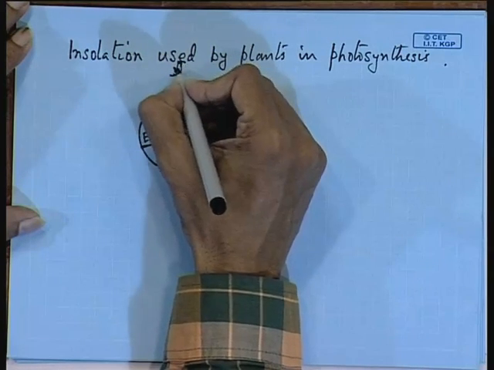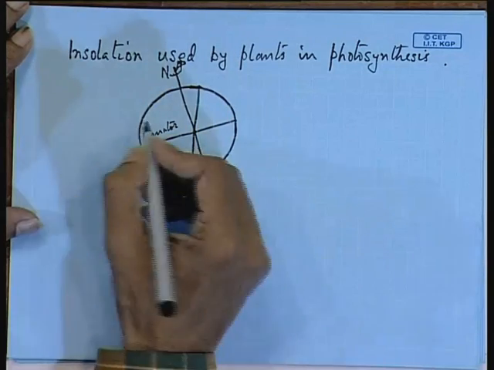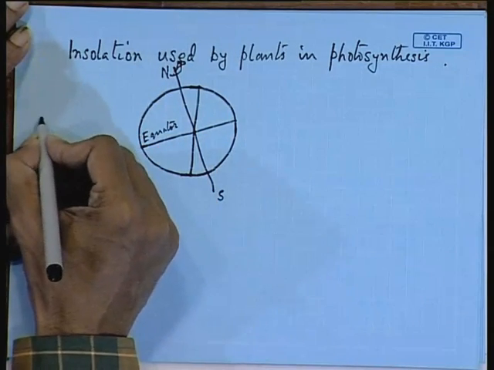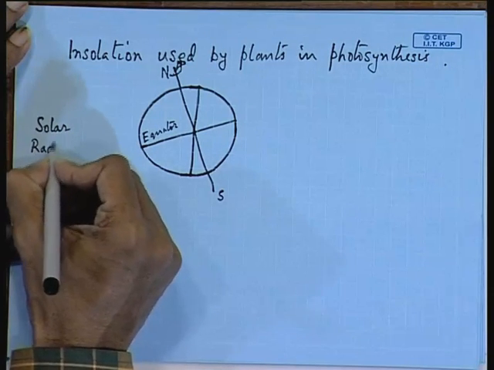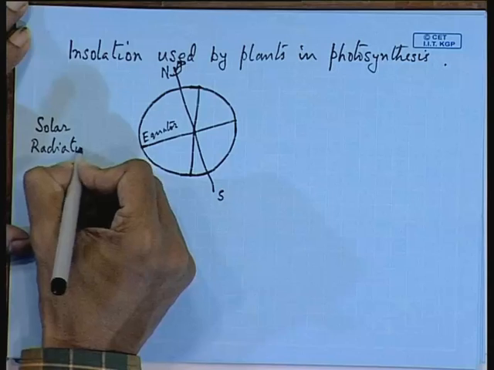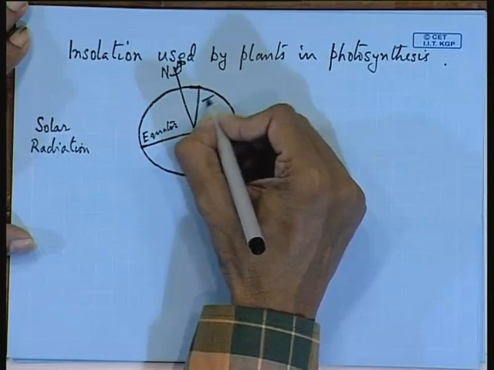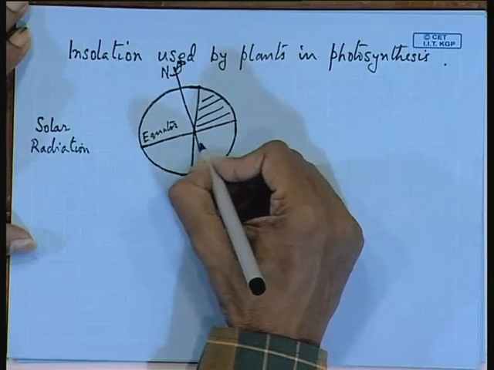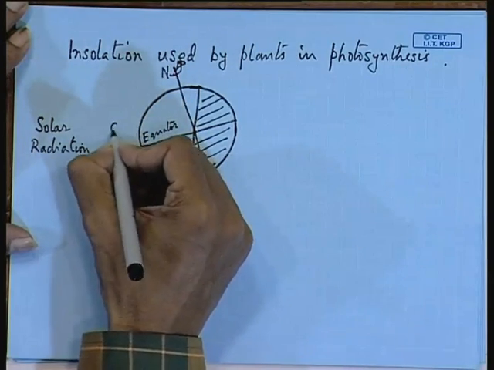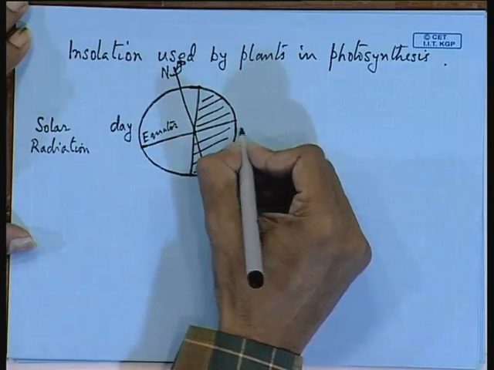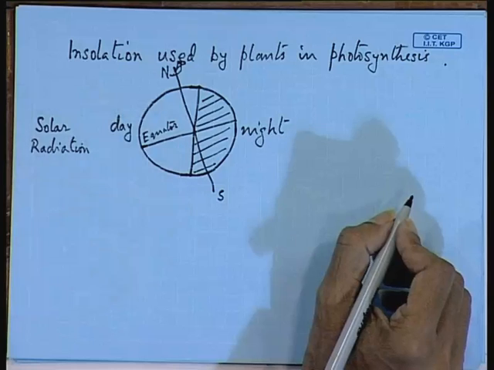It is rotating in this direction, this is north, the other is the south. So, obviously, if your solar radiation is from the left, then this portion is day and this portion is night, that is the part which is not affected by the sun. So, night is the absence of solar radiation.